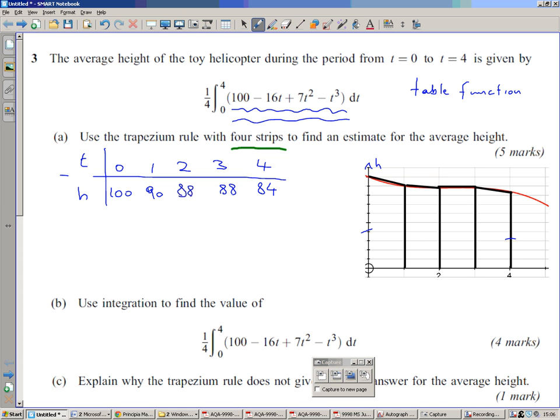The way the formula works for the trapezium rule, the area is approximately equal to, and what formula do we use? Area equals h over 2. We've got to be careful, h over 2, times by what?